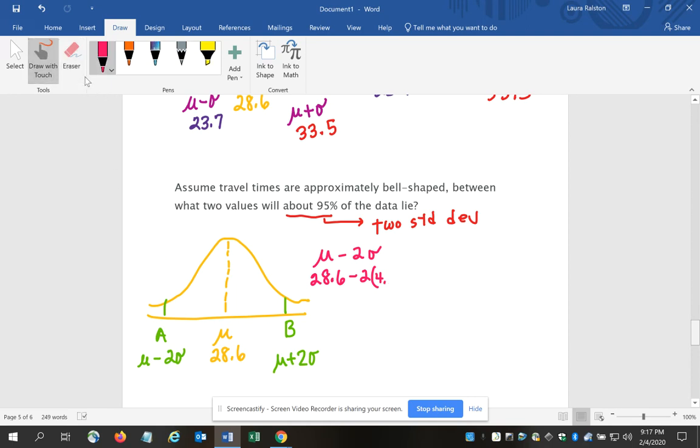In this particular case, you need to multiply 2 times 4.9 first, which gives you 9.8. So you're going to have 28.6 minus 9.8. Using my calculator, I get 18.8.